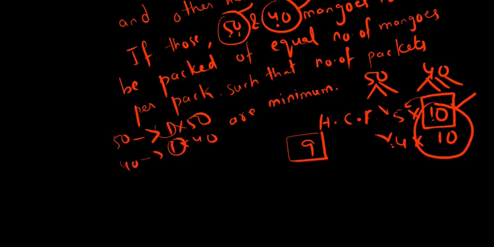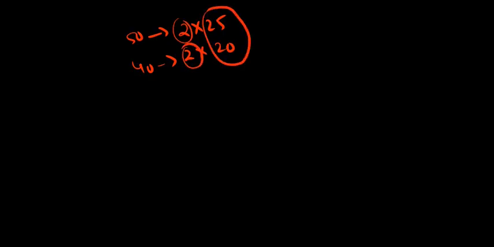If you take two mangoes, 25 packets and 20 packets, two is also a common factor, but it gives 45 packets in all. So to get the least number of packets, we need to use the highest common factor. This is one of the uses of HCF.